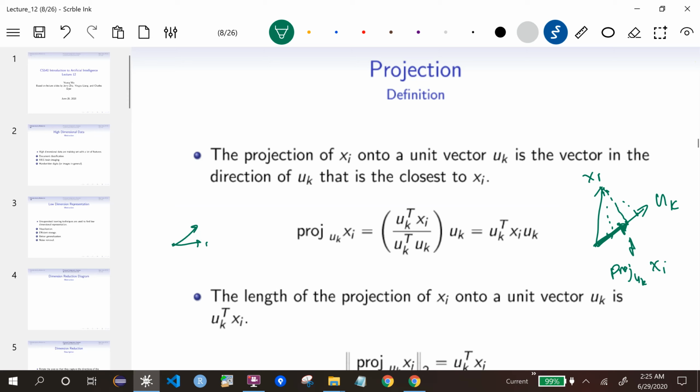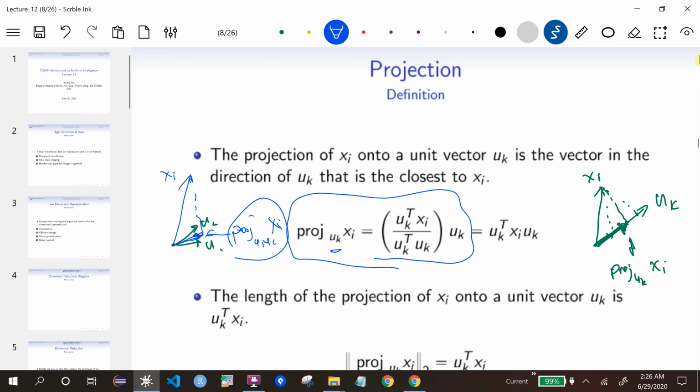The definition of projection can be extended very easily to higher dimensional spaces. For example, if you have u1 and u2, and you want to project a vector xi onto this space, you're just projecting it like casting a shadow, and that vector here is our projection onto u1, u2 of xi. Because it's not often used for PCA, I will not talk about the formula for this, but if there's only one of them, then the formula is this.